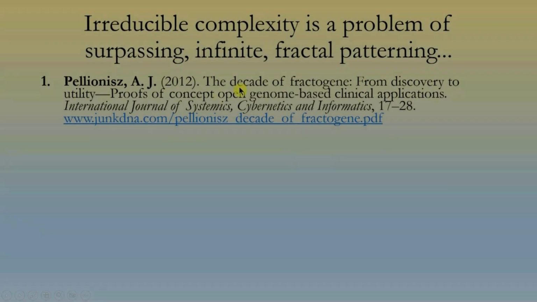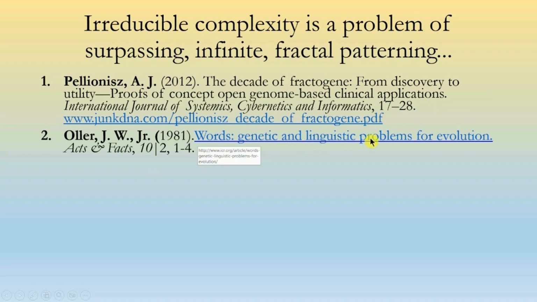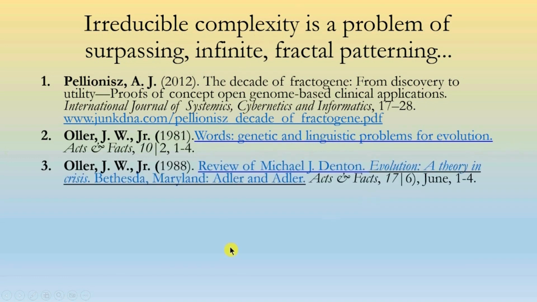Pellegrini showed in his Decade of the Fractal Gene that genomic communications have a fractal patterning. And in 1981, I published this article about linguistic problems for evolution. Irreducible complexity is the quintessential clinching argument in that discussion.